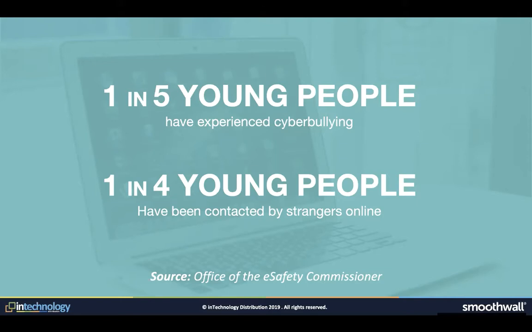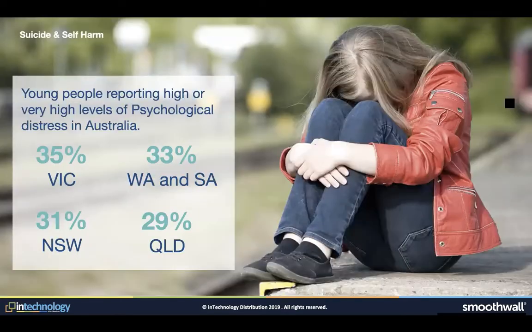So this behavior is certainly happening, and our young people are certainly involved with it. And because of the levels our young people are being subjected to, we've got very high levels of psychological distress across all our states and territories. Over a third of most school kids these days are experiencing those high levels of psychological trauma.